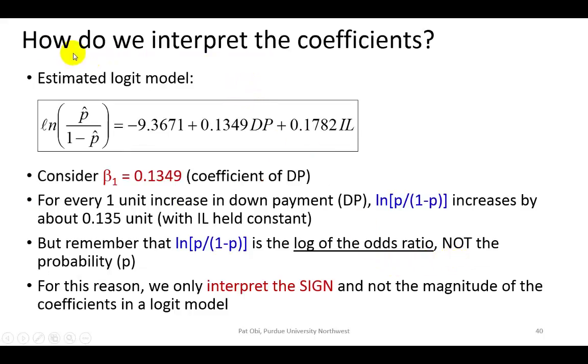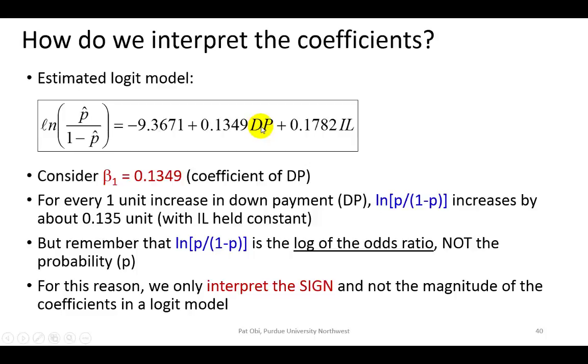But the question I pose here is, how do we interpret the coefficients B1 and B2 that you see there? Now consider the value of B1, which is 0.1349. The coefficient of down payment right there, as you see.